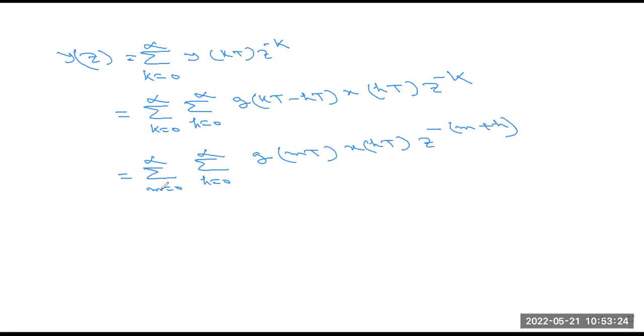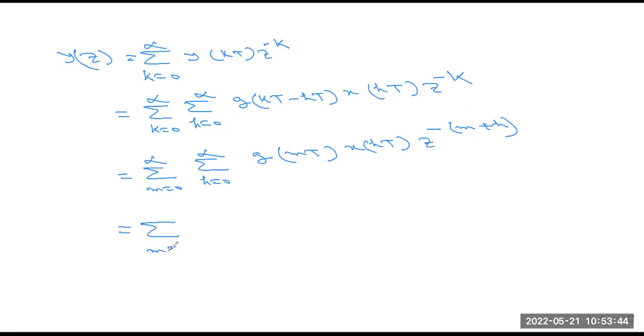So we have to change this equation here. k equals 0 is equal to m equals 0, so here z to the power minus k changes, that is equal to m plus h.